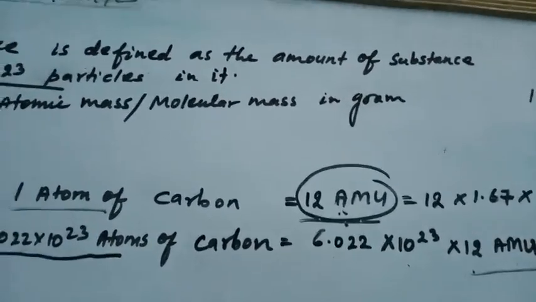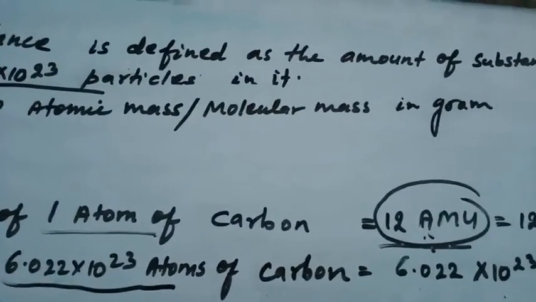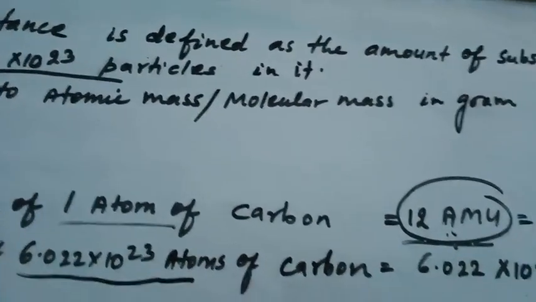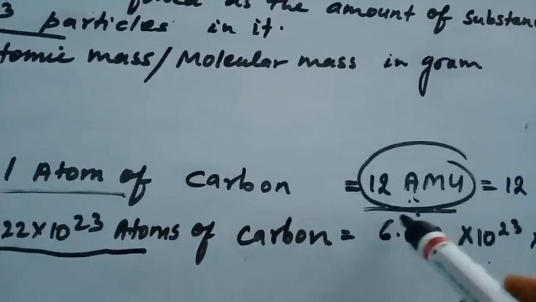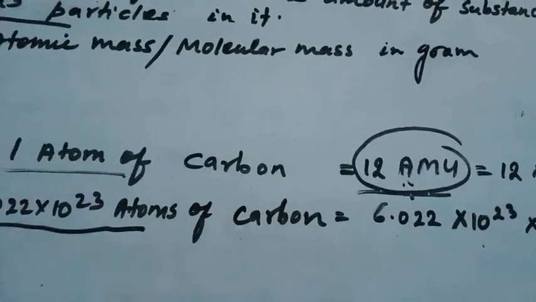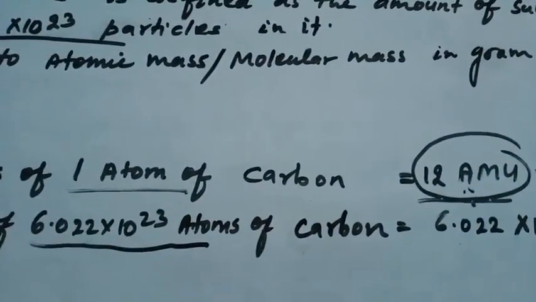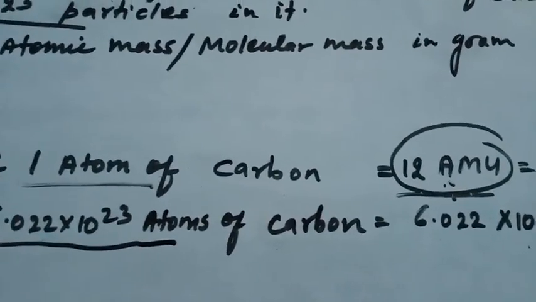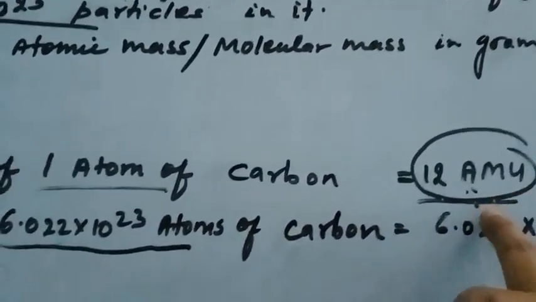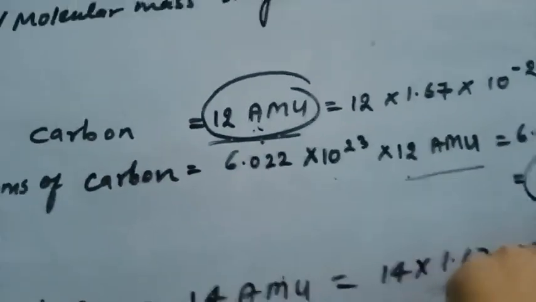Just take the numerical value of the atomic mass or molecular mass of that substance, and change the unit to gram. Then we will get the mass of 1 mole of that substance.